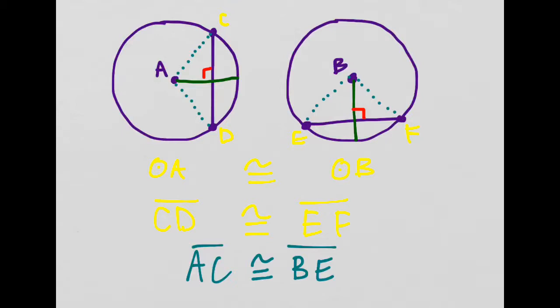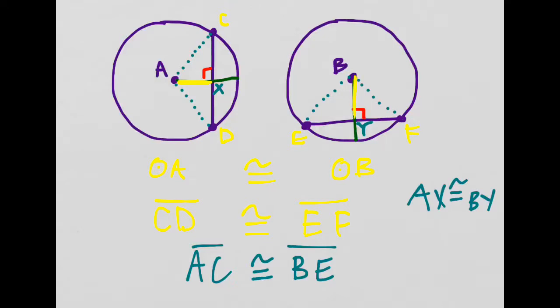We also know this distance here, let's call this X and this Y. We know that AX is going to be equal or congruent to BY. That's this section here. It's the same distance away.